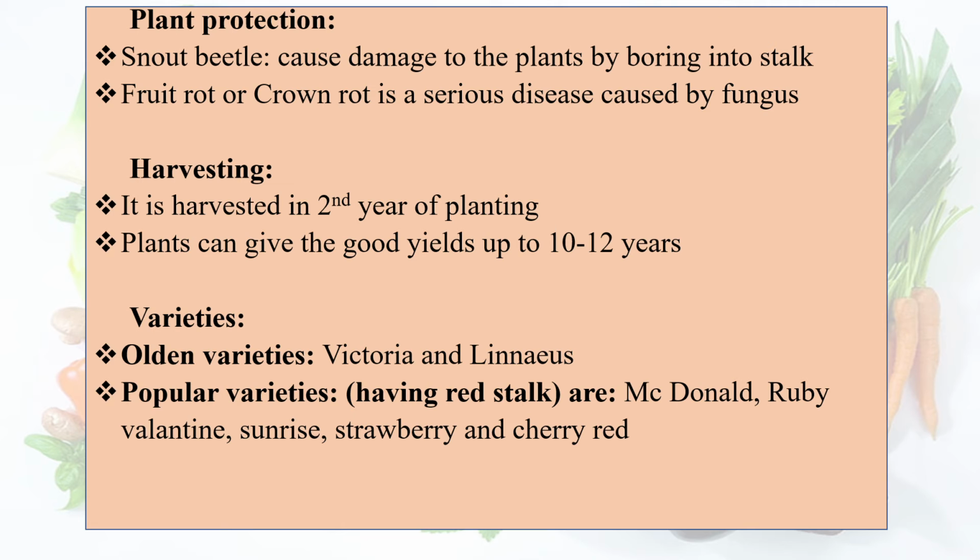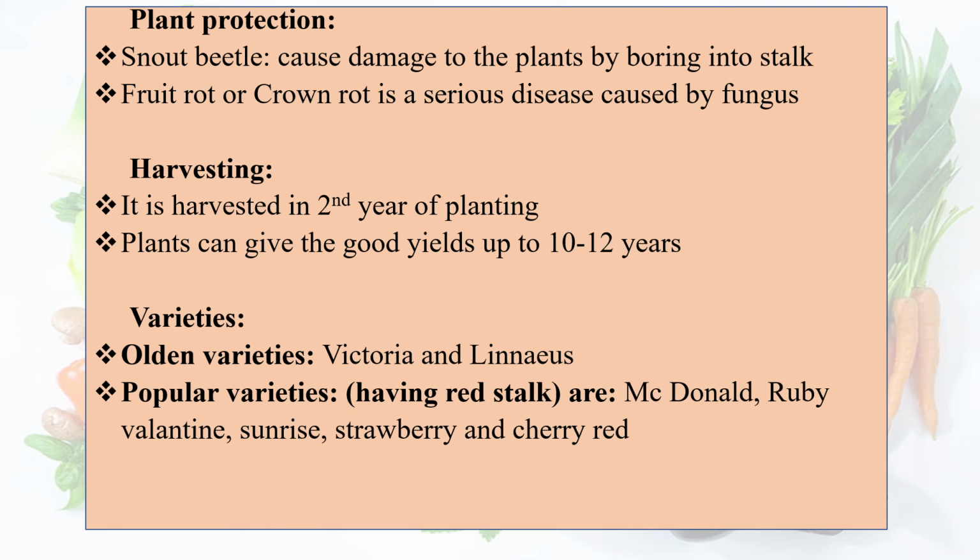Next, coming to fruit rot or crown rot. It is a serious disease caused by a fungus. It attacks the base of the stalks. Control is by removing or destroying the diseased plants, or by spraying the base of the healthy plants with copper fungicide, which gives good control.